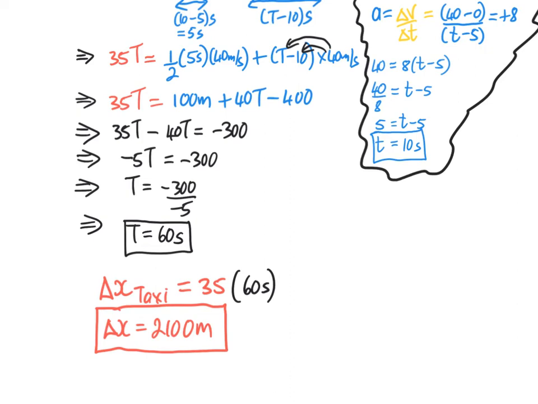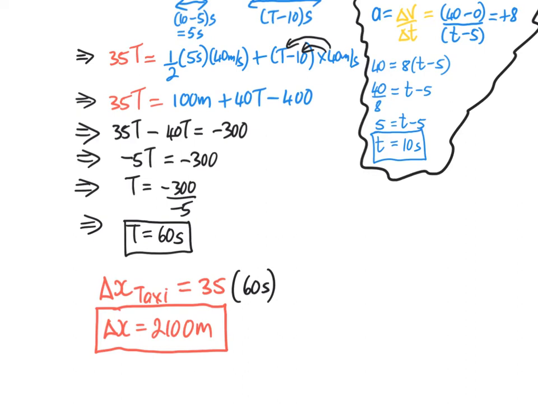So you're taking this t value and substituting it back into the area of the rectangle for the graph of motion for the taxi, which is 35 times t. 35 times 60 seconds is 2,100 meters. If one thinks about it, he's traveling at 35 meters per second for 60 seconds. So every second the taxi driver is covering 35 more meters, but over 60 seconds that gives us 2,100 meters.